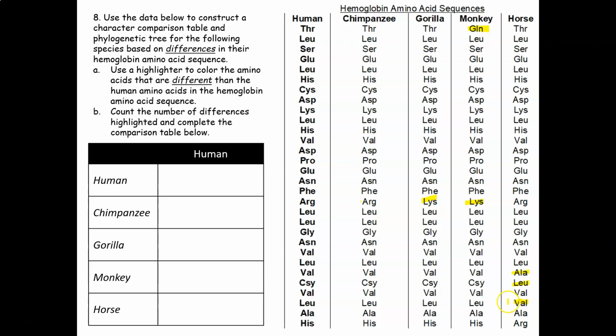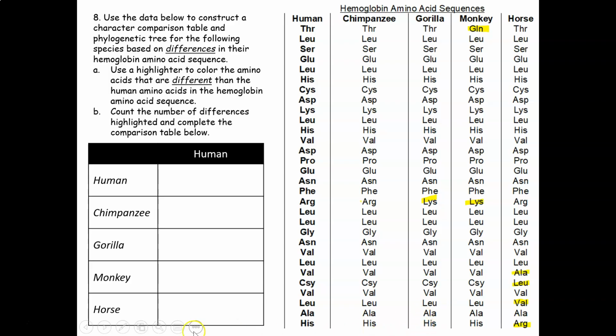There's another. This one's also different. Okay, so if I go back through, just do a double check. Okay, and I think we found them all.